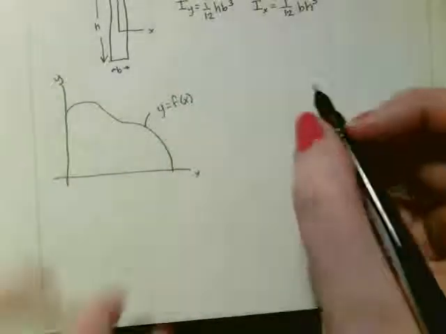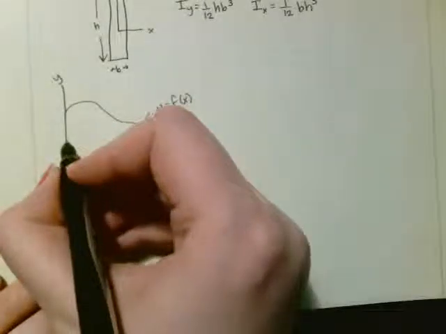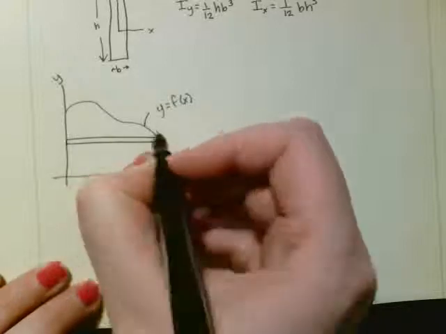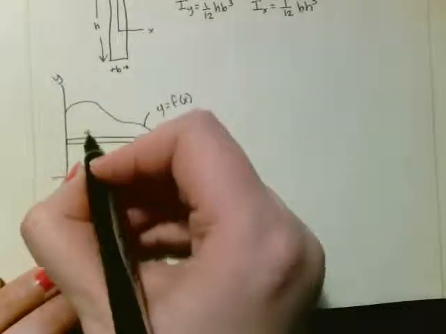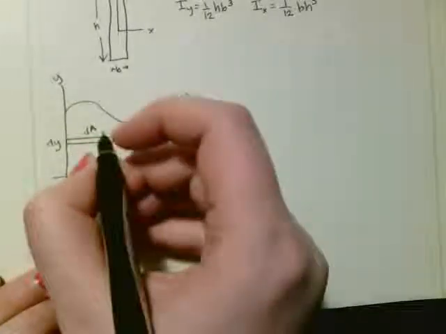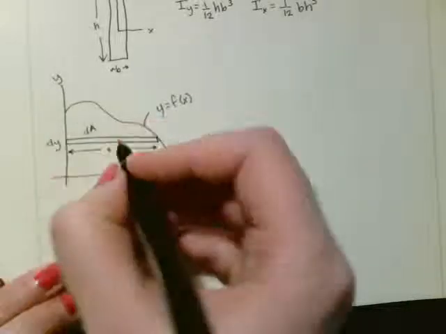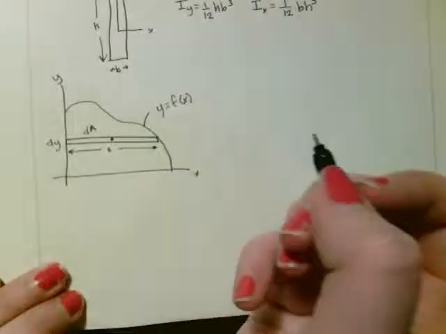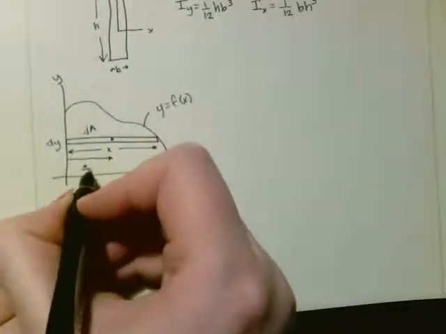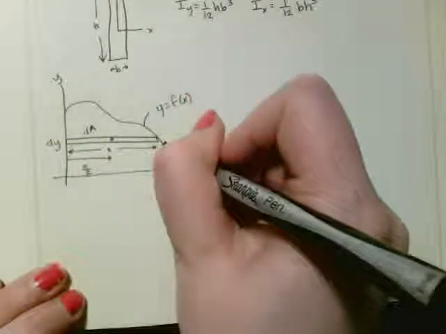So just like when we were doing the centroid, we can draw a rectangular differential element. So this is going to be my dA, the height is going to be dy, and the base is going to be x. And the centroid of this differential element is going to take place at x over 2. And the height is going to be y.